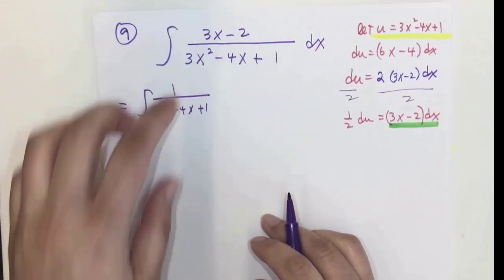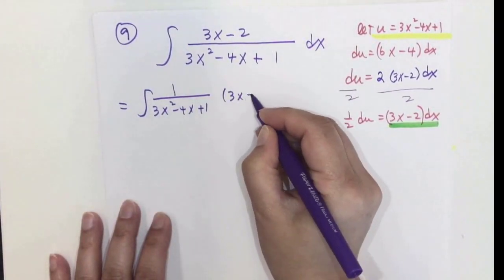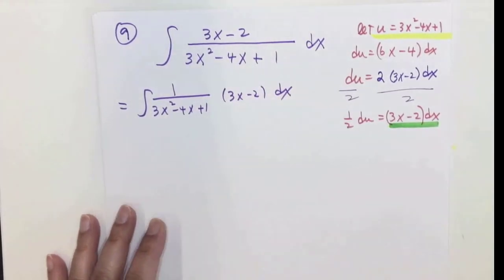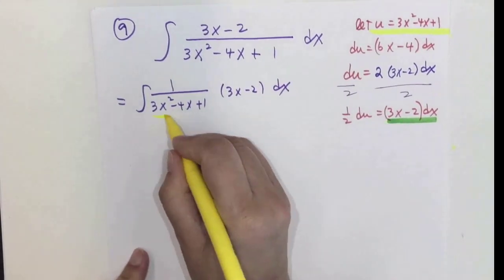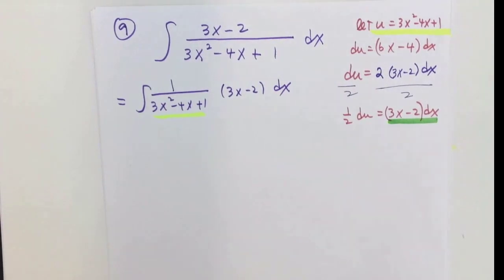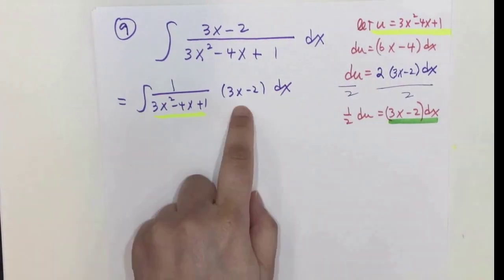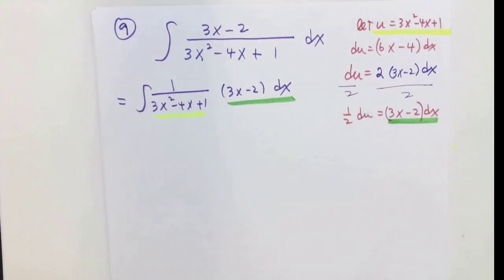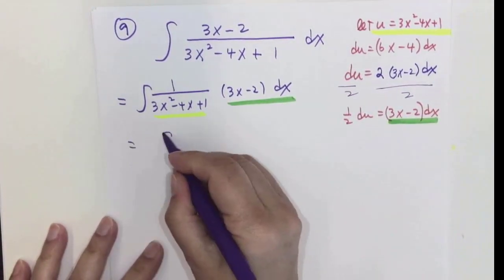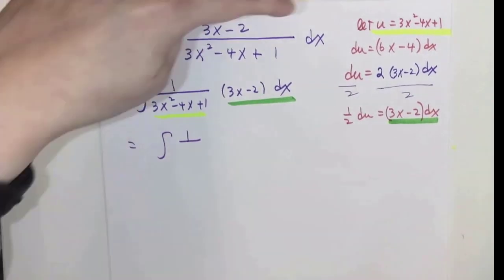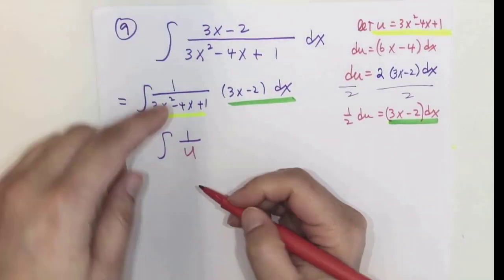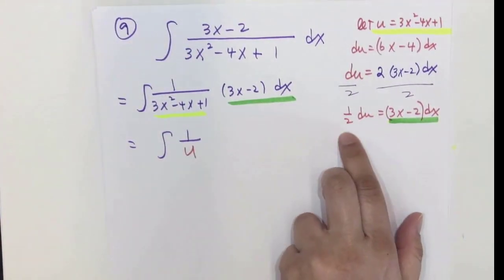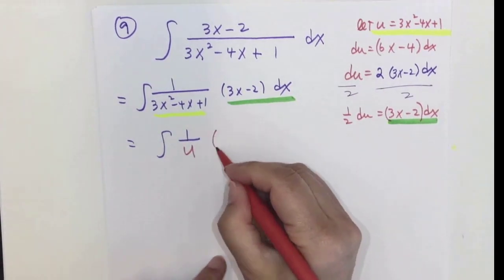And the top part here, you got 3x minus 2 dx. Okay, the denominator part is your u. And then the top part is your du, 1/2 du part, right? So this will turn into 1 over, this is my u, and this part is my 1/2 du, right?